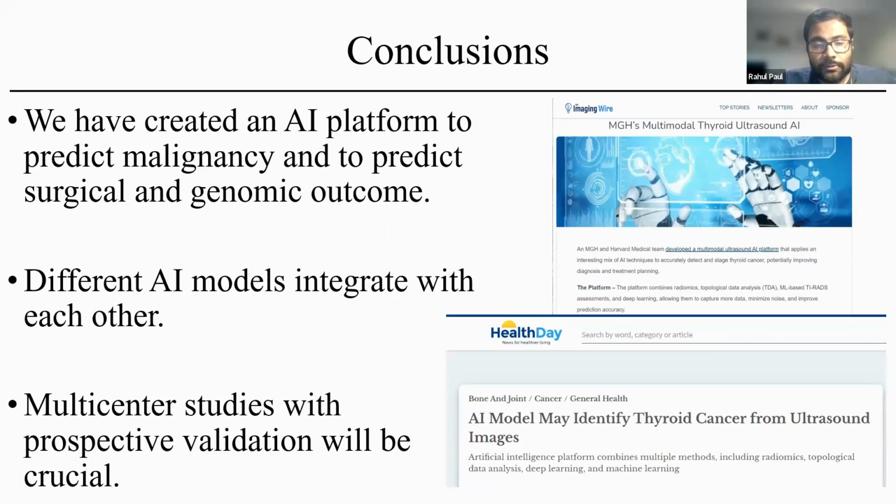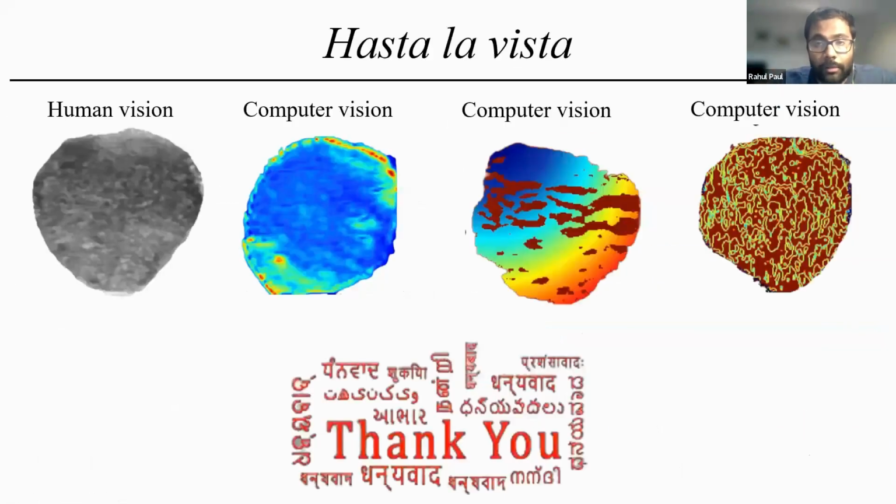And in this study, we also used multi-center data, which can be crucial for validating any model's acceptance. And yeah, this work has been covered in some of the media as well.